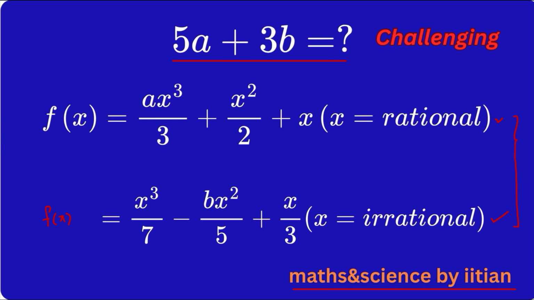The real line consists of both rational and irrational numbers, and at any point x, where the function for irrational numbers is continuous, the function for rational numbers must also apply. Both functions are different; it is the same function but defined in a different way when x is rational and when x is irrational.